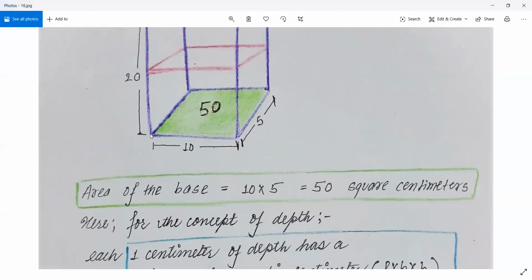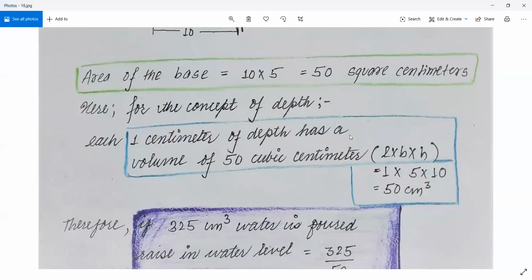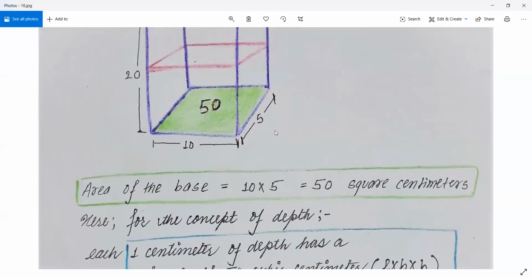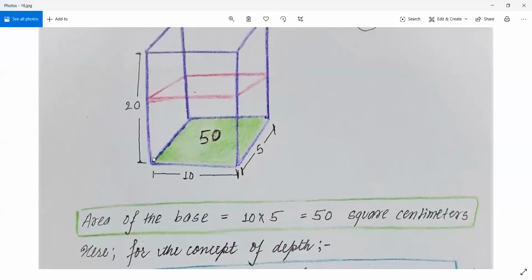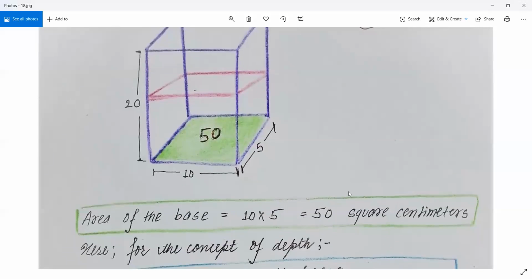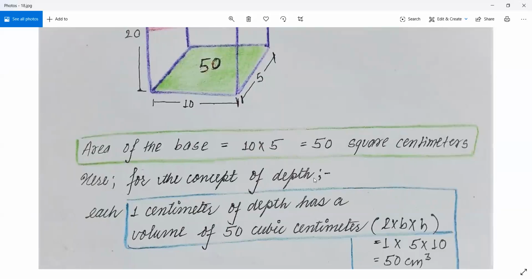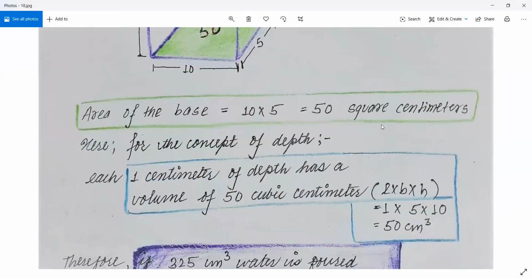Let's understand here. You have a base that is 50 square centimeters, right? So when you pour the water to a level of 1 centimeter, how much water does this tank occupy?